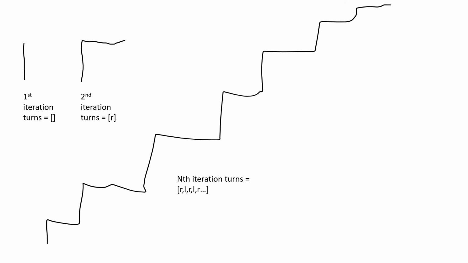So what you would do is you would solve for the first iteration, which would be just nothing, and you could kind of know that ahead of time. In the second iteration, you would just add R, and then from the third iteration and onwards, if the last turn is an R, you would add an L next, so it would turn left, and vice versa.